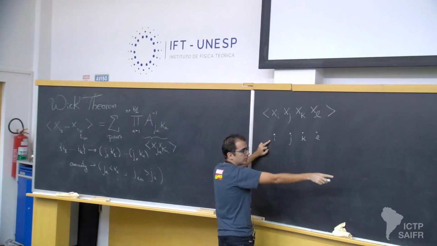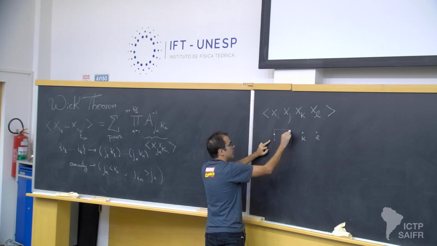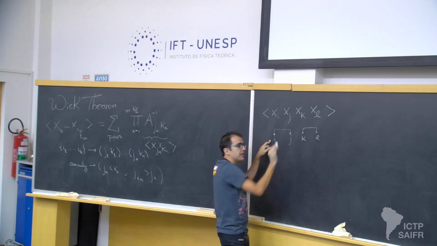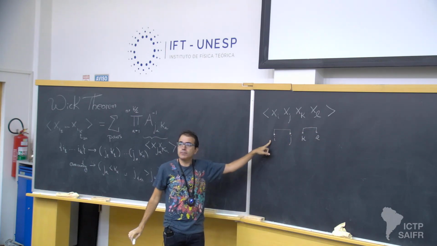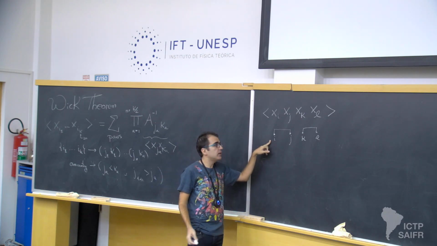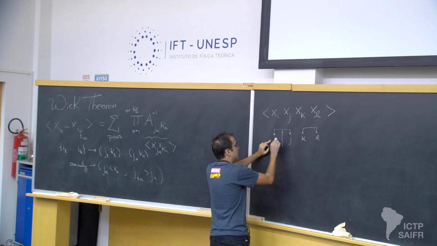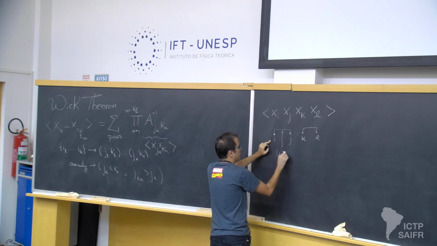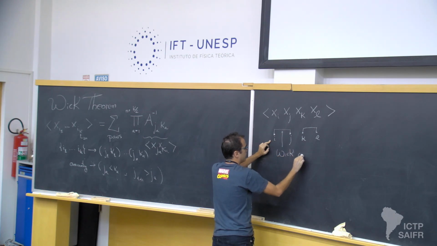You see the usefulness of that picture. I've just drawn these lines to indicate these made pairs. This is one pair. This is one option. This line that contracts is called a weak contraction.